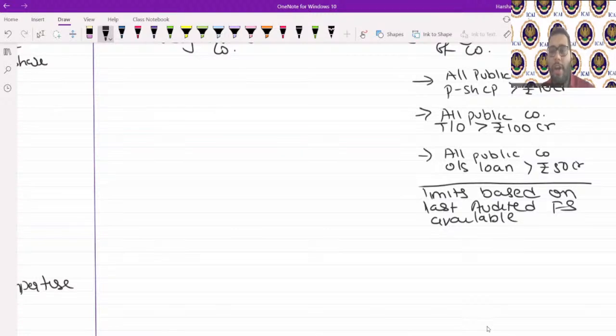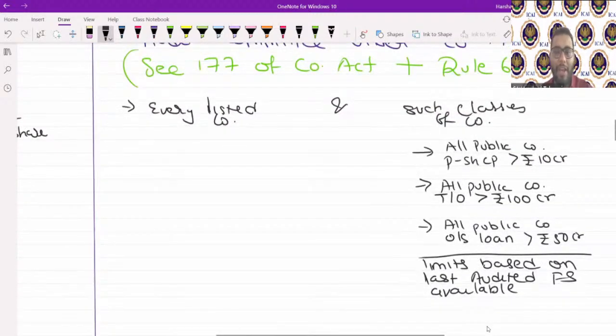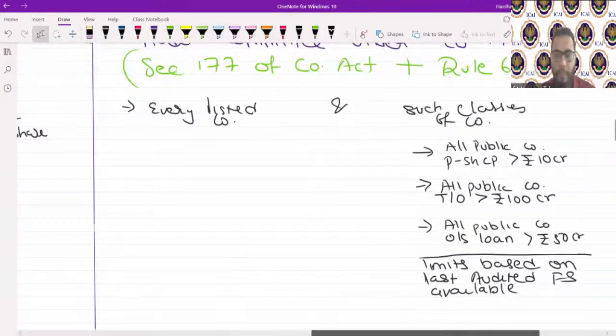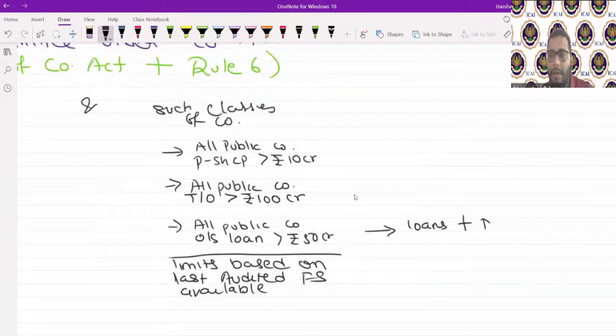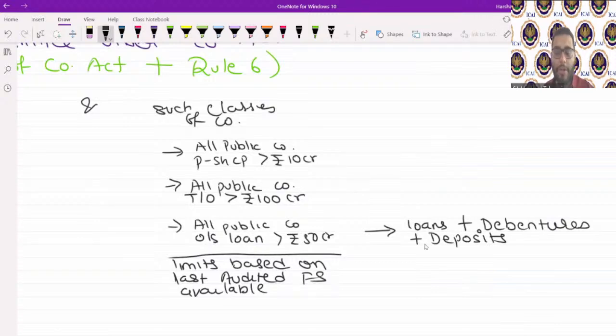So in the last audited financial statement, if any of these conditions is satisfied, then you are required to have an audit committee constituted. Number 2, when I say outstanding loan, it does not only include loans, but includes loans plus debentures plus deposits. Remember, loans, debentures, deposits.